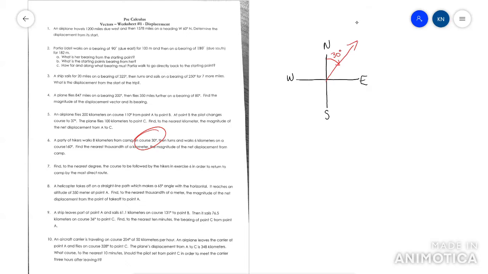You're rotating clockwise off of north. It's no longer like other angles, where you rotate 30 degrees that way and it's there. Now it's from north. So keep that in mind. That's going to be really, really important.